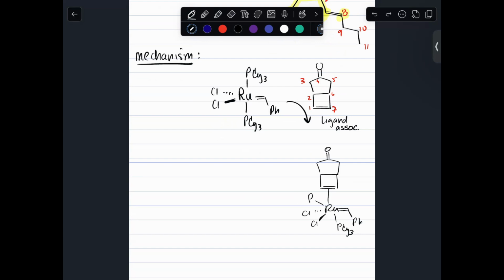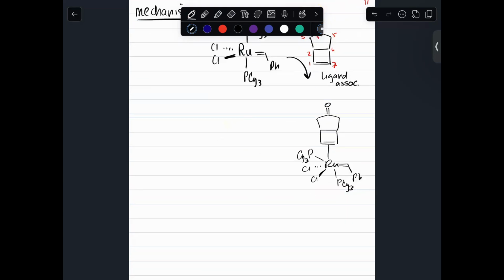Our step number 2 is ligand dissociation. So we lose a PCy3, a phosphorus group.